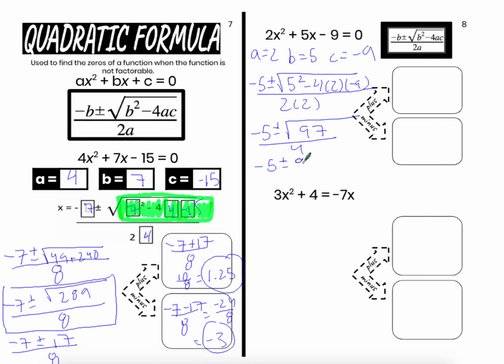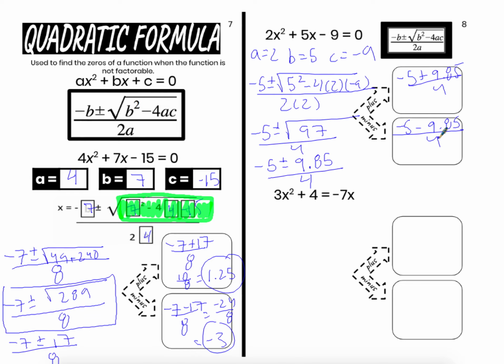So -5 plus or minus 9.85 divided by 4. So this has to be rounded. You could also put that square root of 97 into a graphing calculator to get a more precise value. So we have two values, -5 plus 9.85 divided by 4, and -5 minus 9.85 divided by 4.